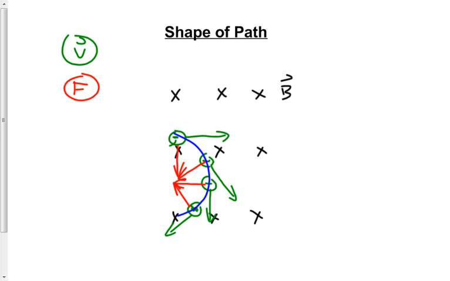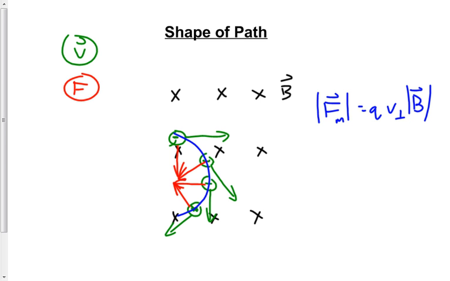Now, we can describe the force acting on this charged particle by the equation that we learned yesterday. F is equal to QVB. The charged particle is moving perpendicular to the field in all of those cases, so the force can be described by that equation.